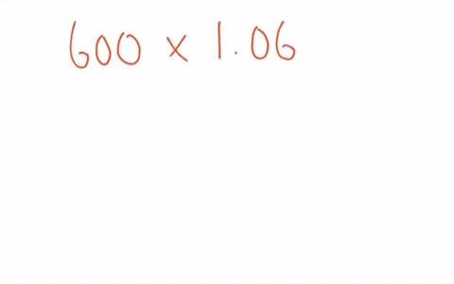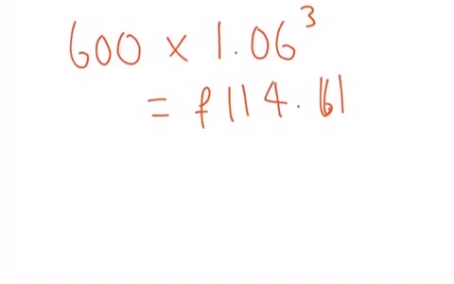So 600 times 1.06, and then you raise that 1.06 to the number of years that you're leaving the money in the account, or the number of years you're accumulating interest for. So in this case, we're doing it for 3 years. So you would do 600 times 1.06 to the power of 3, which basically means you're increasing the 600 by a rate of 6% for 3 years, and that'll give you the same answer of £114 61.